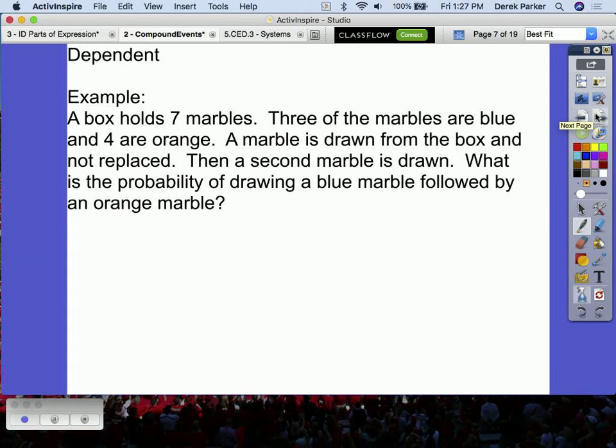Dependent. A box holds 7 marbles. 3 of the marbles are blue and 4 are orange. A marble is drawn from the box and not replaced. Then a second marble is drawn. What is the probability of drawing a blue marble followed by an orange marble?